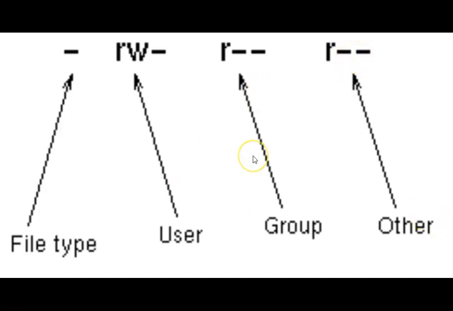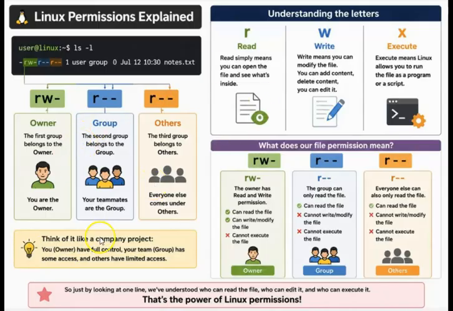Think about it like this: imagine you are working in a company, you create a project and you are the owner, your teammates become the group, and everyone else in the company comes under others. Linux follows this exact same concept.